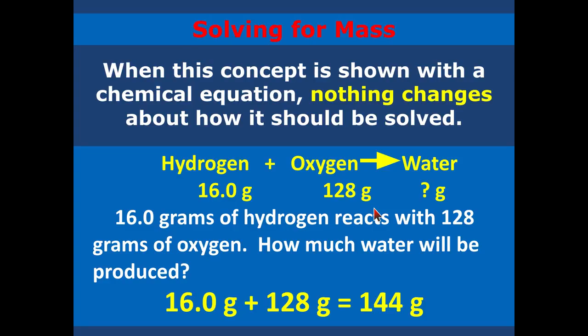Solving for mass, when the concept is shown with a chemical equation, nothing changes about how it should be solved. For example, hydrogen 16 grams plus 128 grams of oxygen gives you how much water as far as the molar mass is concerned? That would be 144.